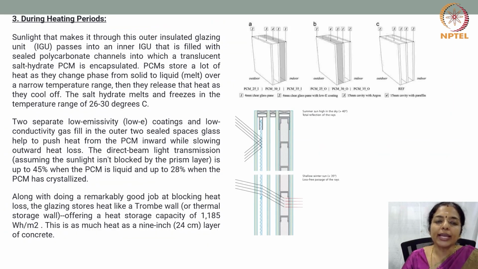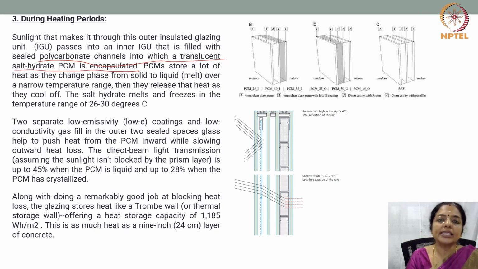During heating periods, sunlight that makes it through the outer insulating glazing unit, which is IGU, which we saw last time, passes through the inner IGU that is filled with sealed polycarbonate channels into which the translucent salt hydrate PCM is encapsulated.